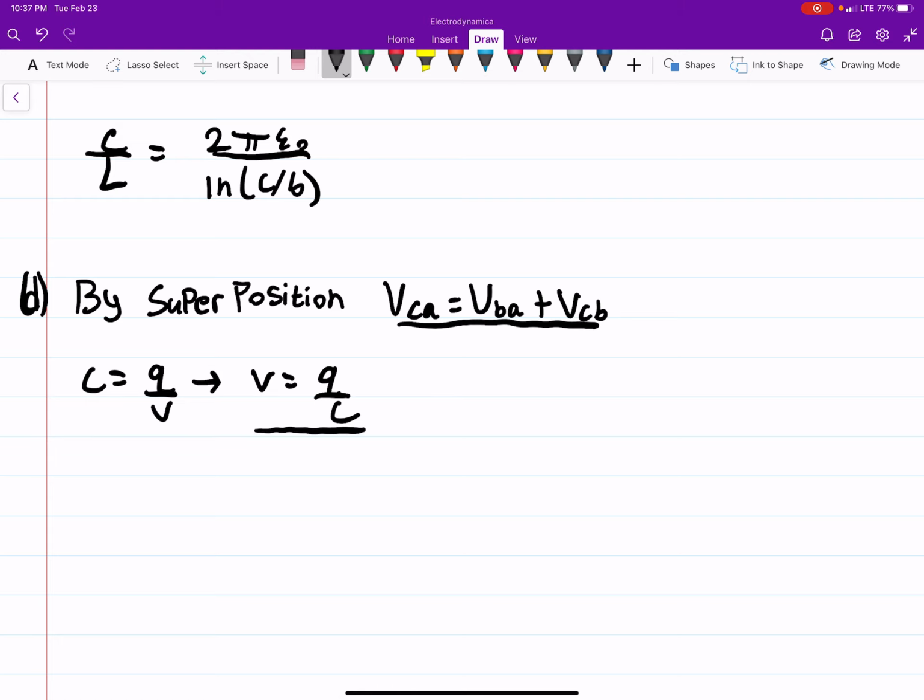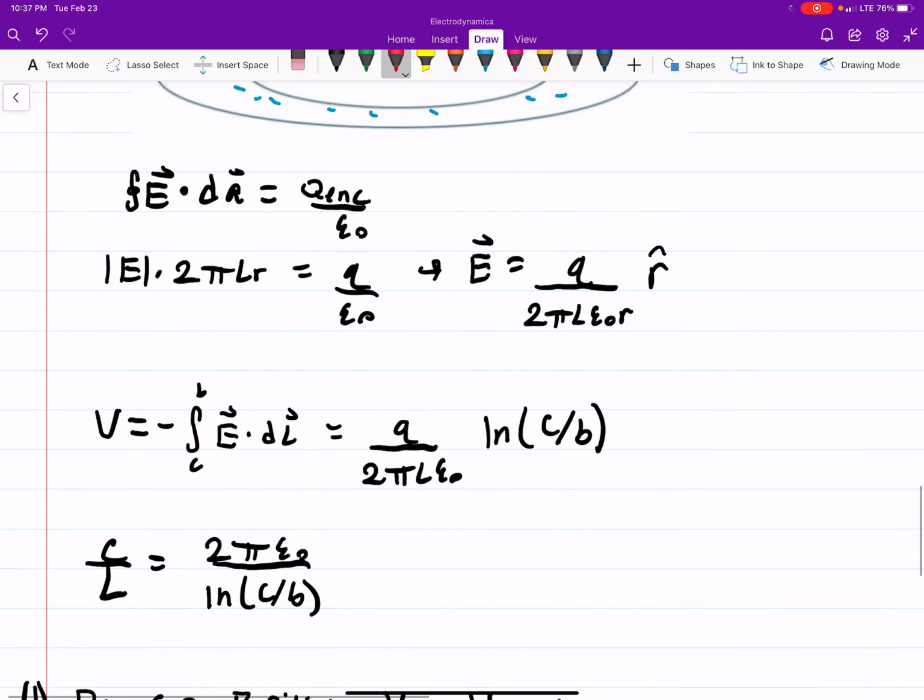So if we want to know something about our capacitance, we can use our superposition here. In our case, V from C to A is equal to, well, we already have it there, so I'm just going to rewrite this in terms of our capacitance. Q over the capacitance from C to A equals Q over the capacitance from B to A, plus Q over the capacitance from C to B. And they all have charge Q. That doesn't change, right?